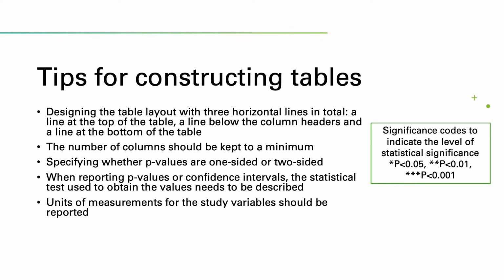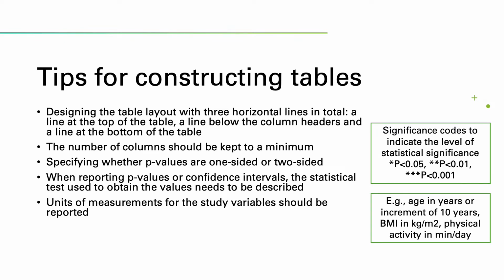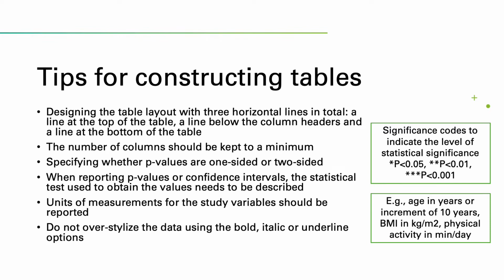The units of measurements for the study variables should also be reported. For example, age in years or in increments of 10 years, BMI in kilogram per square meter, or physical activity in minutes per day. Finally, it is discouraged to over-stylize the data in a table using the bold, italic, and underline options.